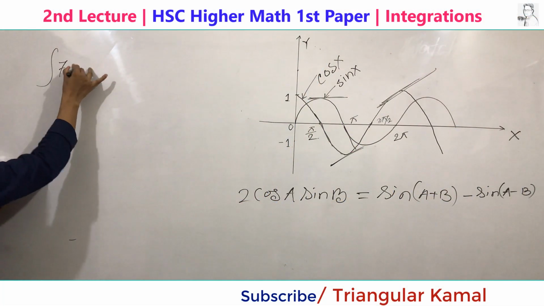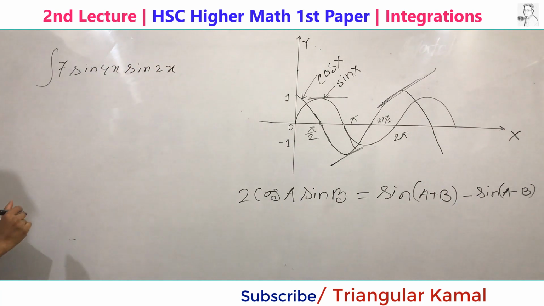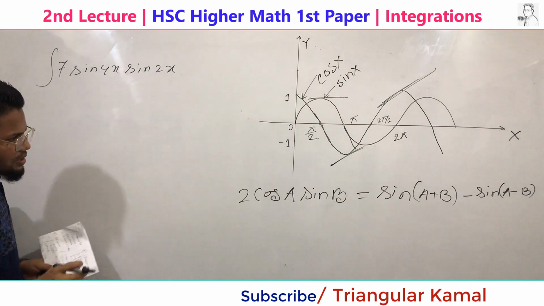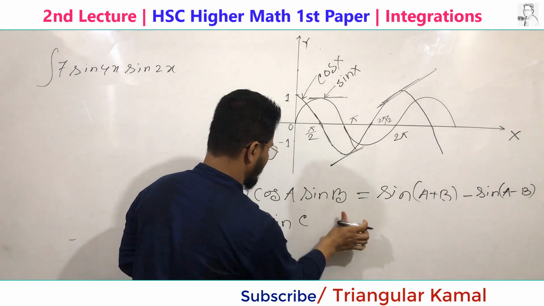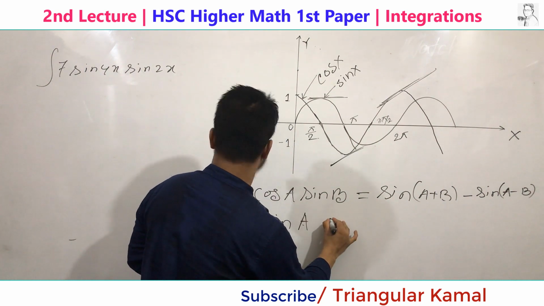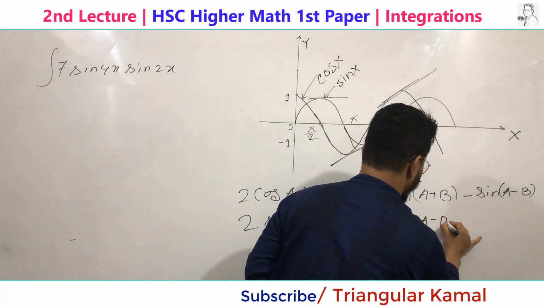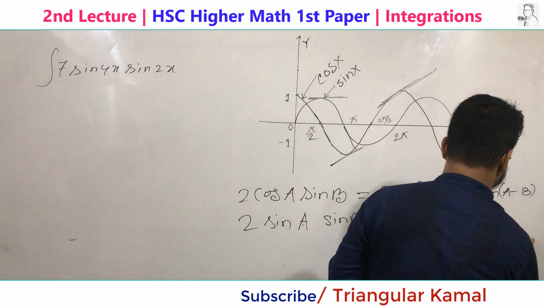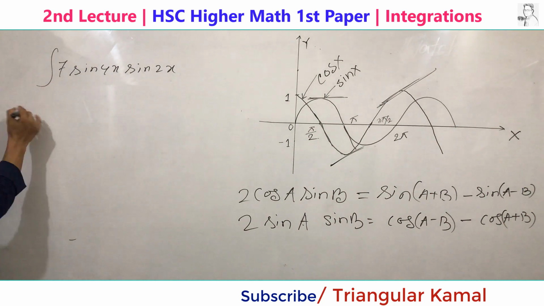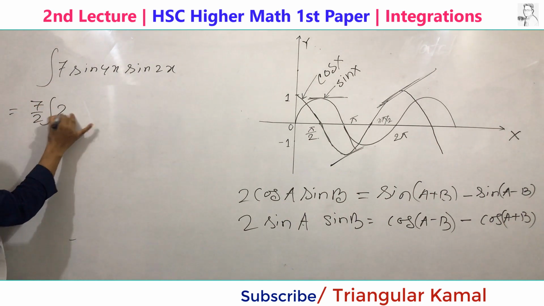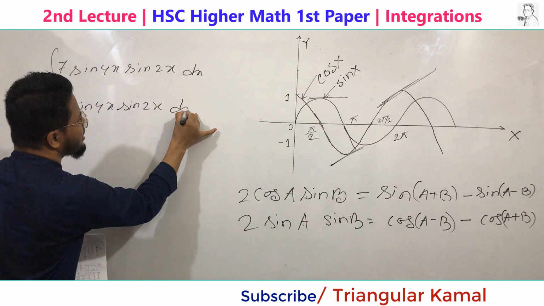Integration of 7 sin 4x sin twice x, and you have to know the formula of sin A sin B. We know another formula here, 2 times of sin A sin B, we can write here cos A minus B minus cos A plus B. So now convert this one as a 2, 7 by 2 integrate 2 times of sin 4x sin twice x dx.